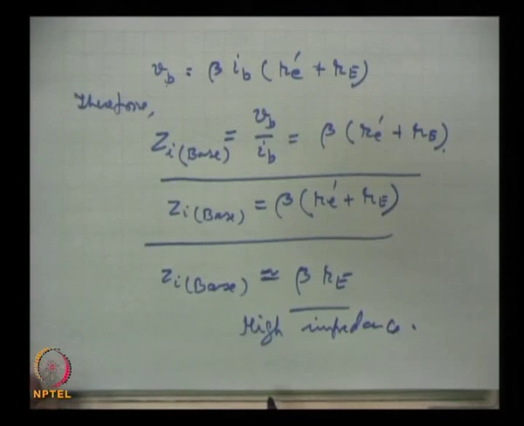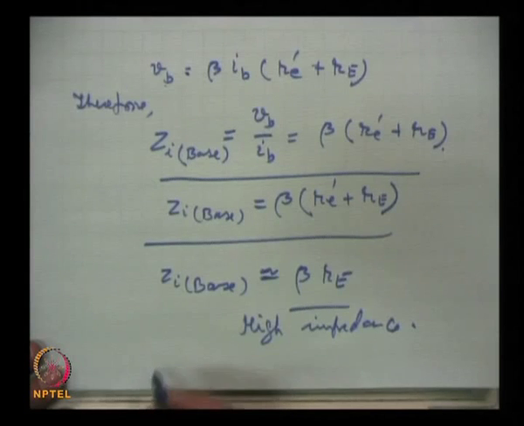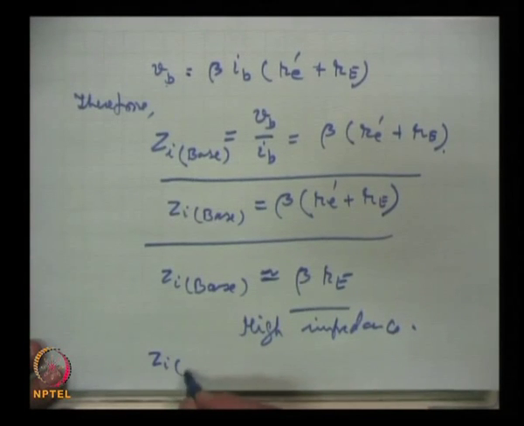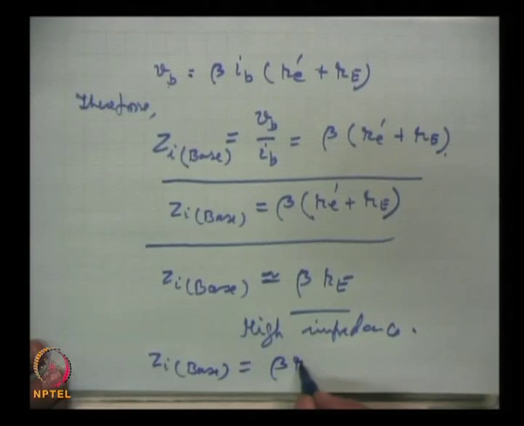And if we bypass R E completely, then in that case Z I base will be reduced to beta R E prime. Now, R E prime is a few tens of ohms, beta is of course high, it may be 50, 80, 100.